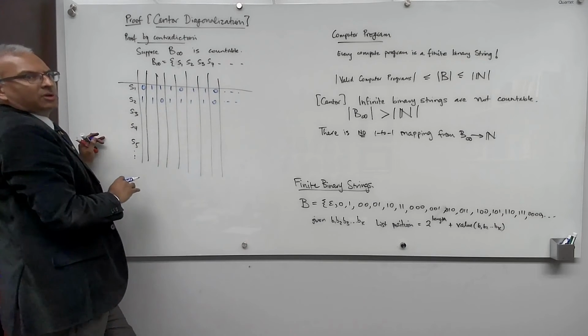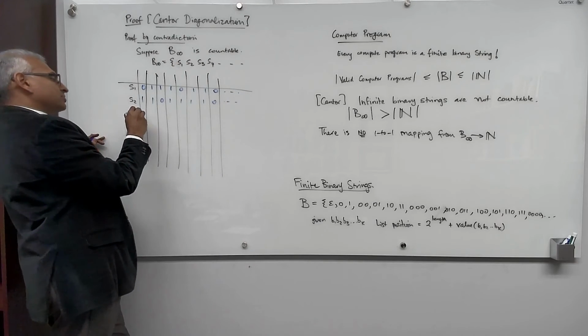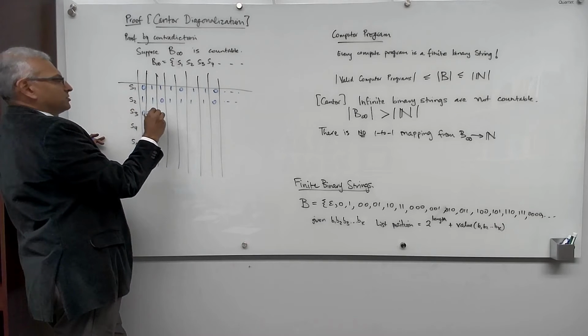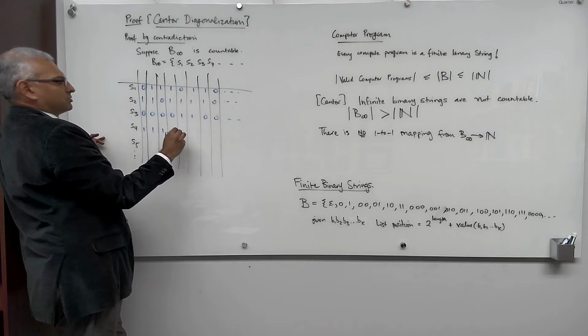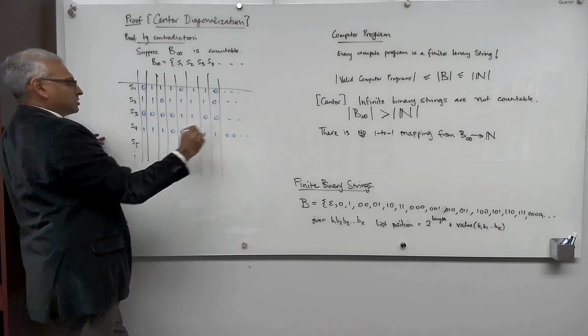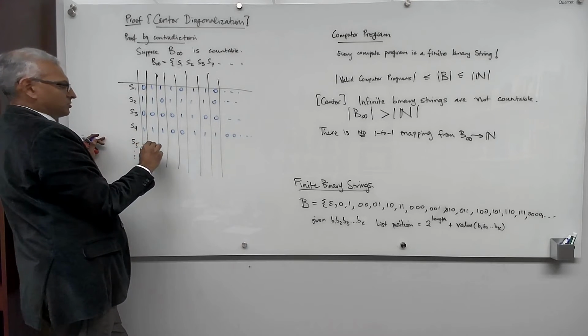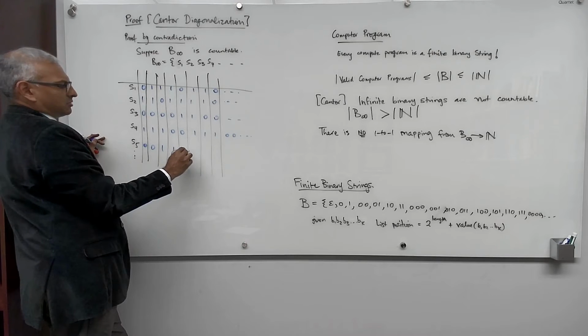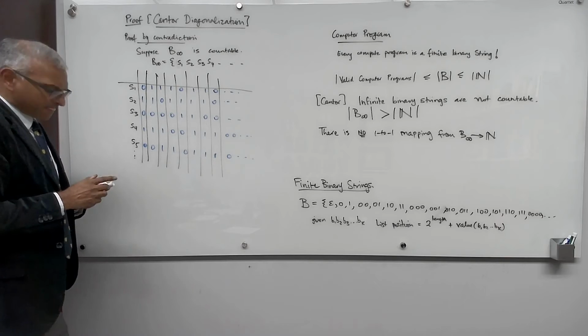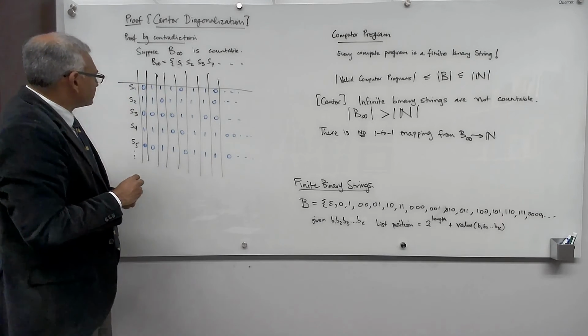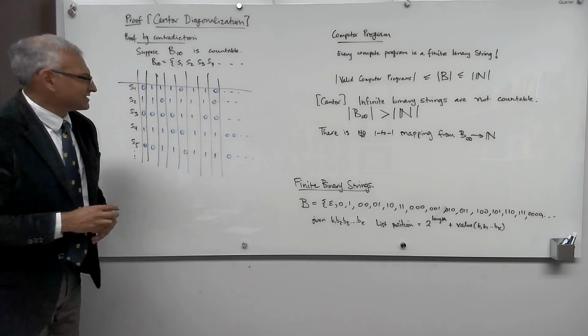I cannot list any one of them, but I'm just pretending like I could. 0000110 and so on. 11100111100 and so on. 001101110 and so on.